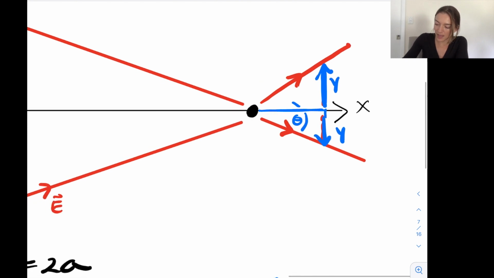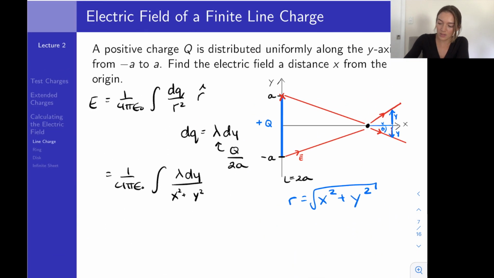If I want to find the x component, that's going to be the cosine, right? X here is adjacent to my theta angle. So I want to just find the cosine of this, because like I said, this is the magnitude, and I just want to pull out the x component of that. I know it's going to be pointing in the x hat direction because only the x components will be left, the y components will cancel. So I want to just put a cosine there.